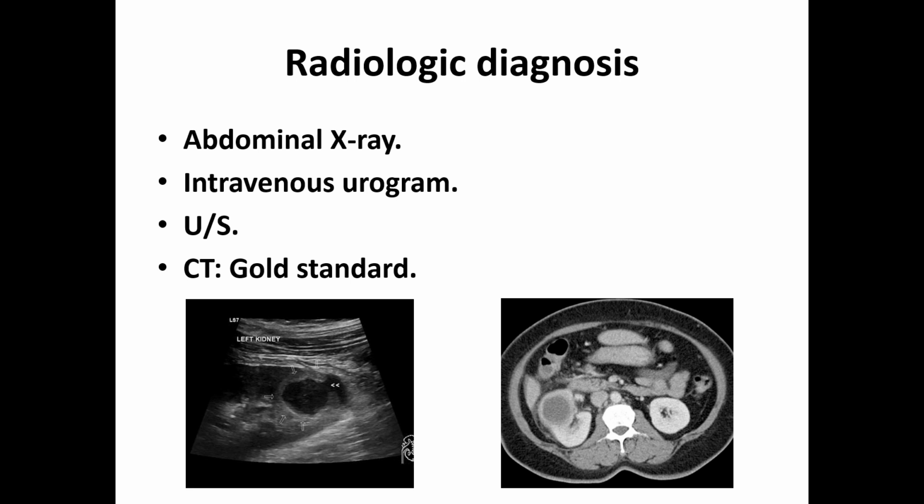In the case of CT, on your right side is the CT scan showing a big abscess of the left kidney, which has an enhanced wall and the abscess cavity.